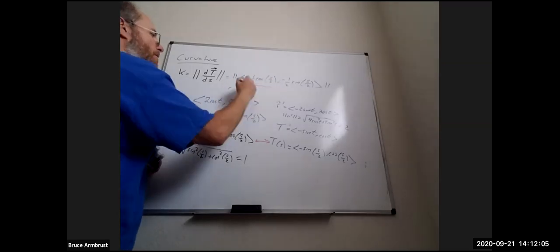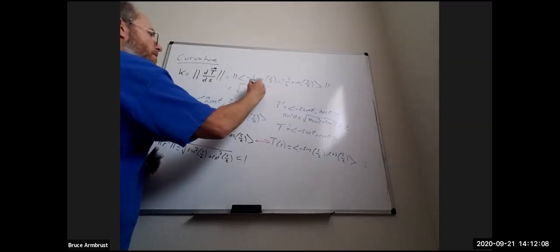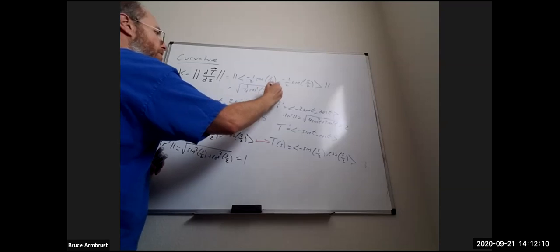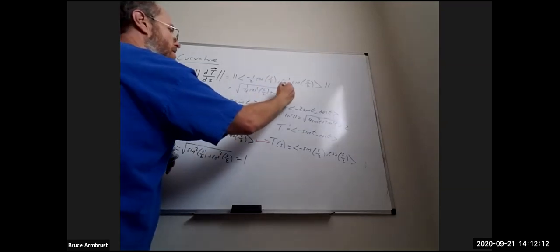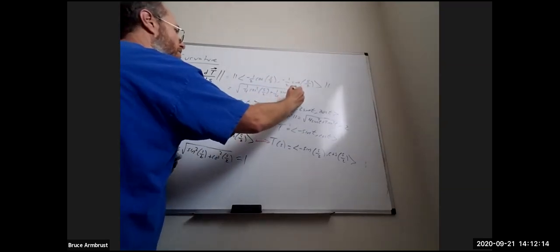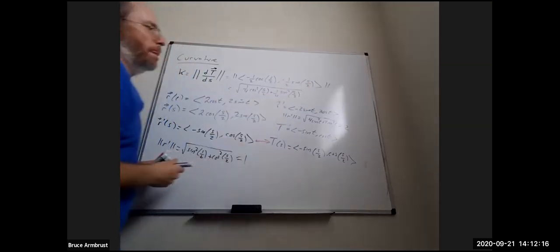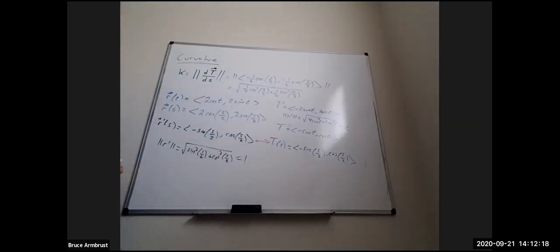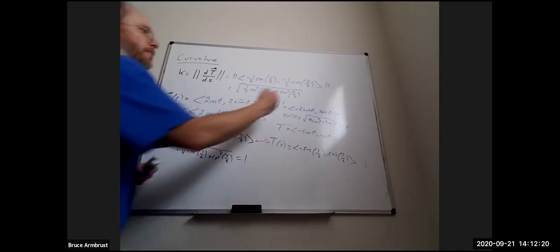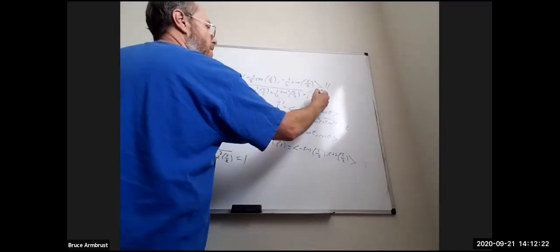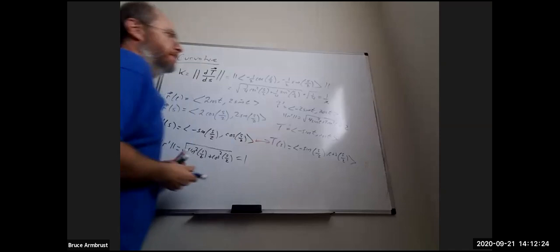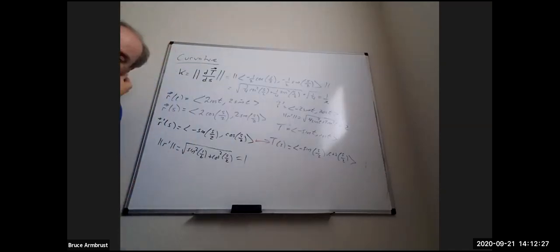So it's going to be the square root of 1/4 cosine squared s over 2 plus 1/4 sine squared s over 2. So that's the square root of 1/4, which is 1/2. So what we just found out is that the curvature of that circle is 1/2.